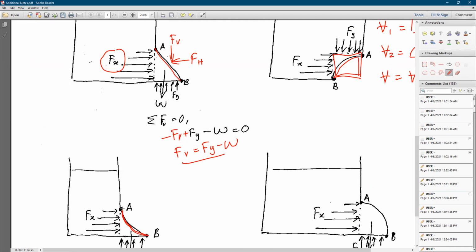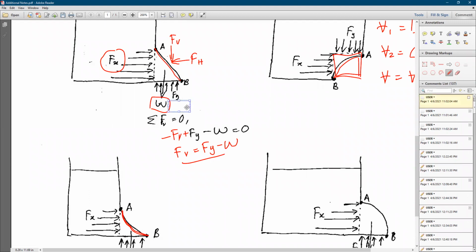So again, what you need to deal with here, or what will change from this example compared to this one, is the W. How to calculate the W?